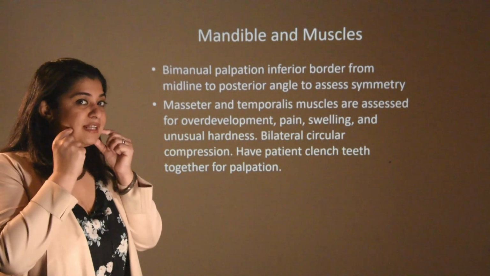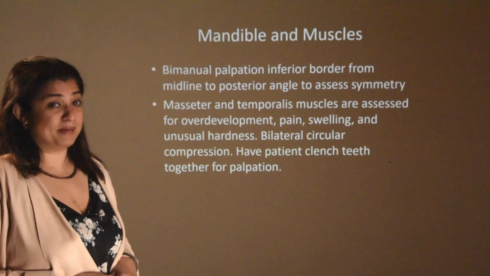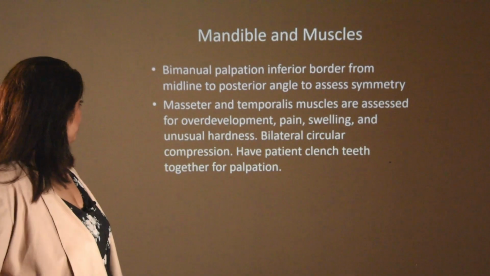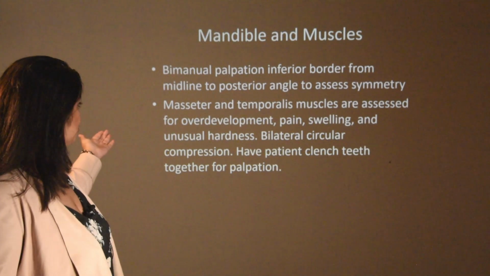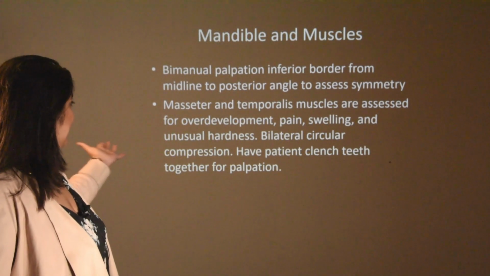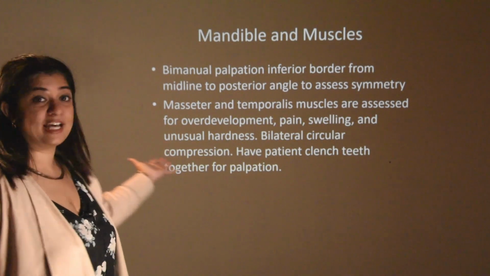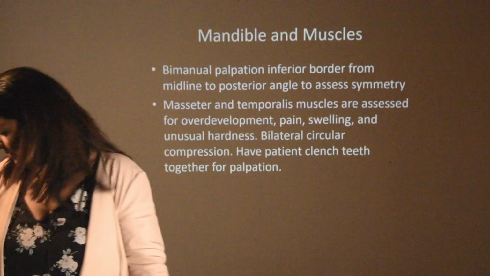Just watching their muscles is going to tell you a lot about how stressed out a patient is. You also want to look for pain, swelling, unusual hardness. You want to look for bilateral circular compression. Have the patient clench their teeth together for palpation so that you can see how strong the muscle is.